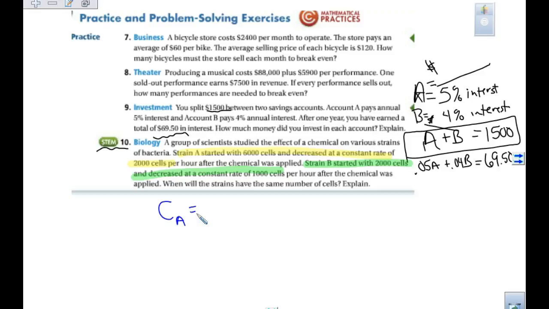They tell you what? That we started with 6,000, and what else is happening? Read that next word. And it's constant rate. Where do we use constant rate? What kind of equations tell us constant rate? That's what you got to be thinking about. Slope intercept. This is perfect slope intercept.